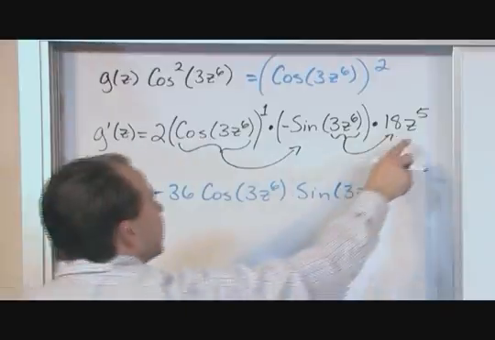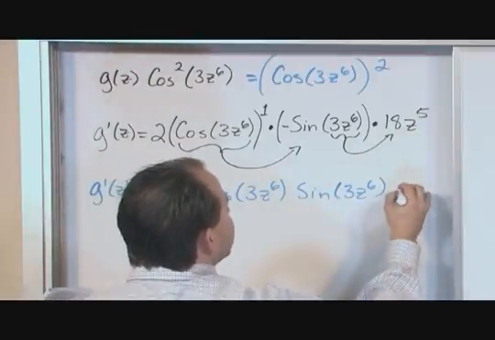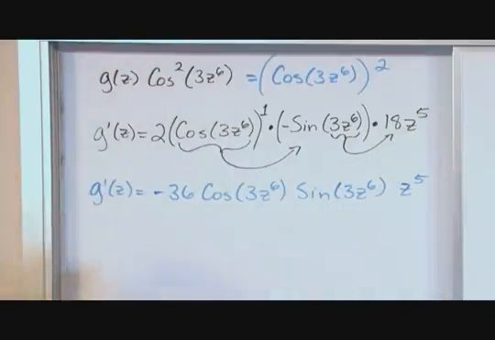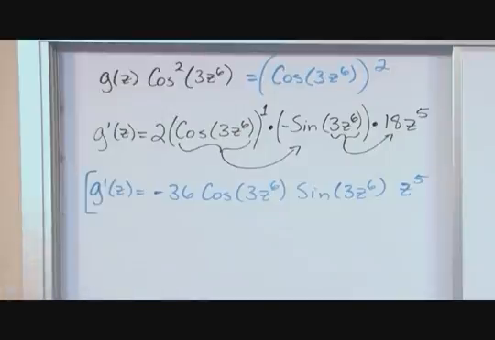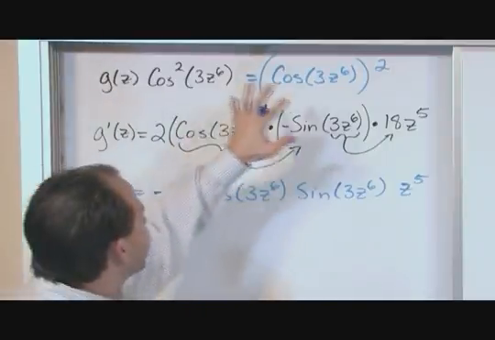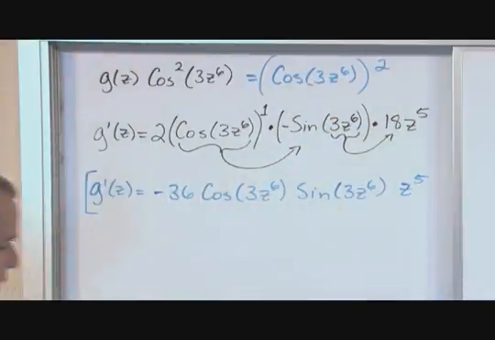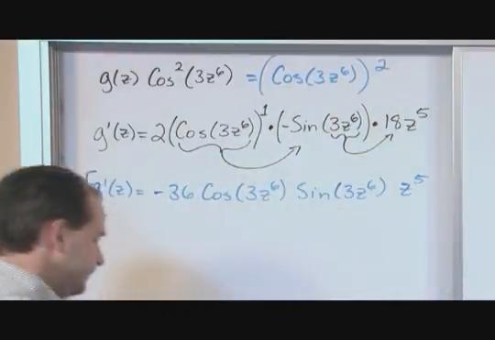And don't forget we have the z to the 5th sitting out here. So we'll have negative 36 cosine 3z to the 6th times sine 3z to the 6th times z to the 5th. Right? So this is a great example of having multiple nested layers in a chain rule. And the same exact process goes. You start outer, work inner, until you basically run out of things to take the derivative of.